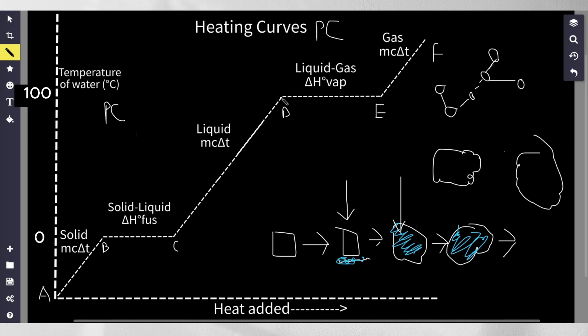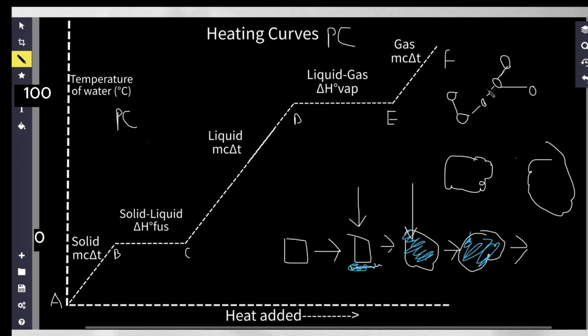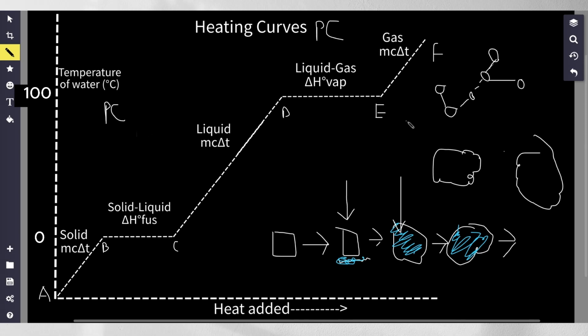And you will see that, once again, to reiterate, this is going to be a straight line because now we're continuing to weaken the intermolecular forces until they are overcome so that the molecules can escape into the gas phase. This is the phase where the water is starting to evaporate into water vapor.